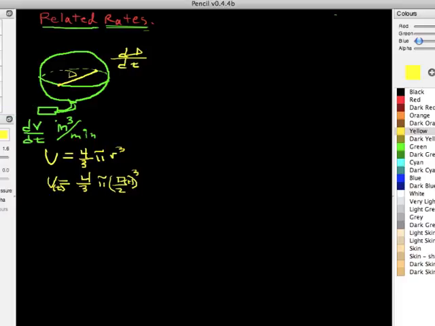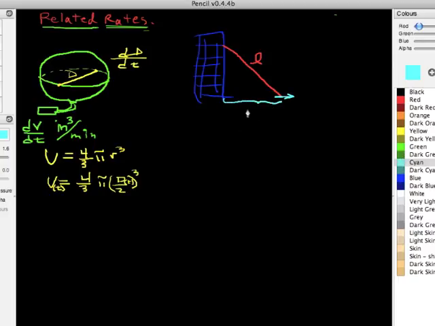Okay, so what's another good related rates problem that we're going to be able to answer? So if we had a building like this, and we had a ladder leaning up against the building for whatever reason, it has a ladder of length L, which is going to be constant throughout this problem, and some joker was taking the bottom of the ladder and sliding it out here, and this distance right here, let's call this the lateral distance, this is x.